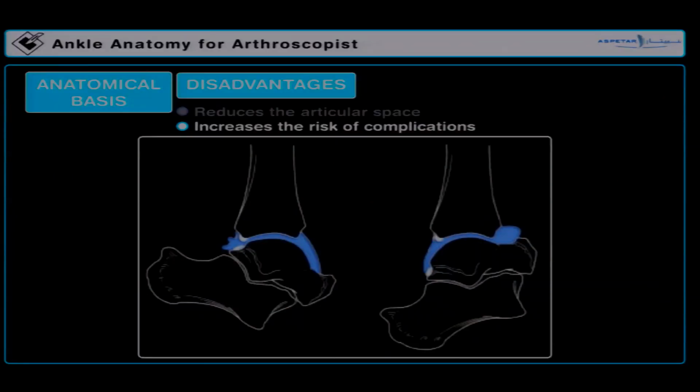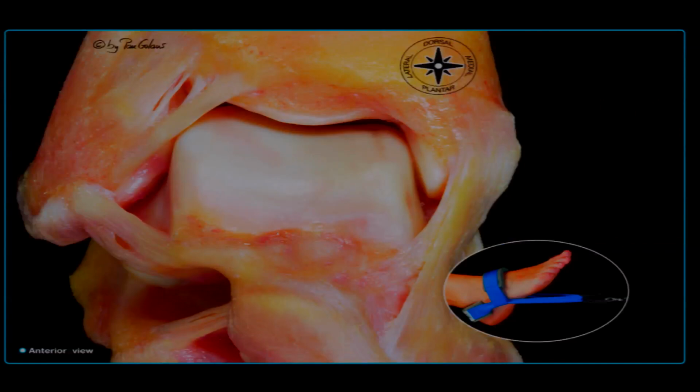When the joint is in dorsiflexion, the talus also is protected within the joint, and the risk of injury of the cartilage when creating the anterior portal is minimized. You can see in this image, in plantar flexion, it's easy to understand that the cartilaginous lesions will be increased when performing the arthroscopy in plantar flexion, not in dorsiflexion.